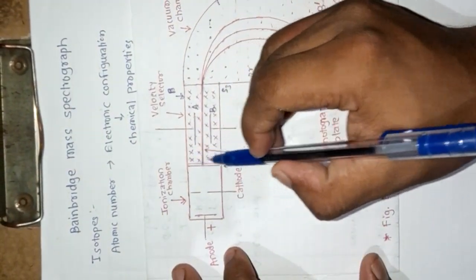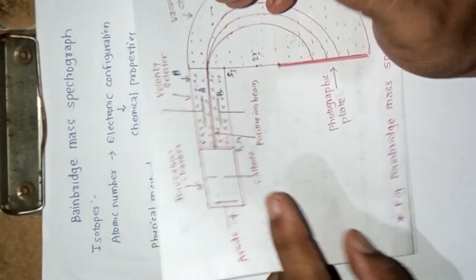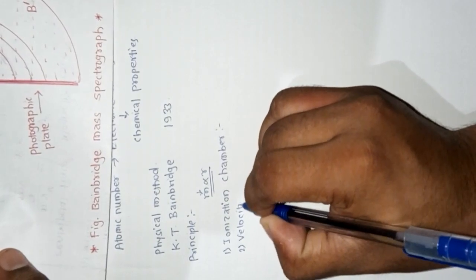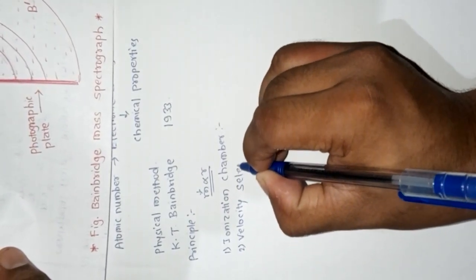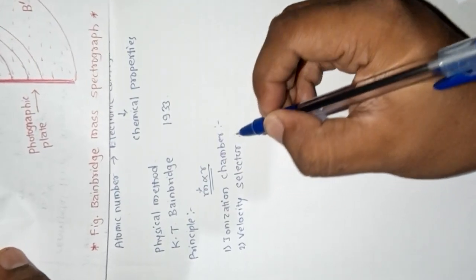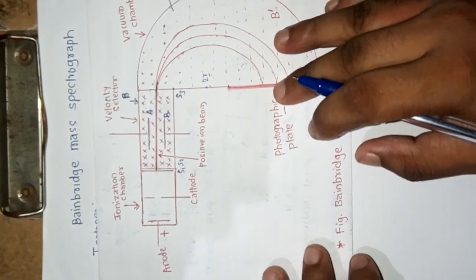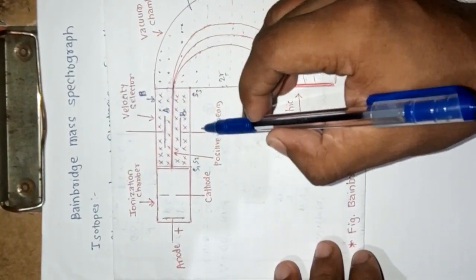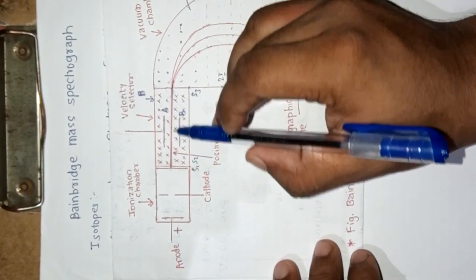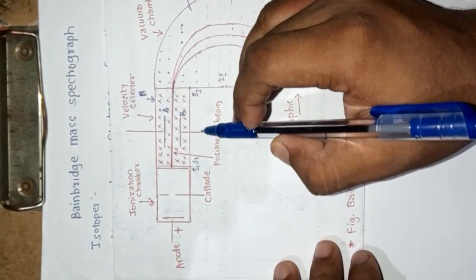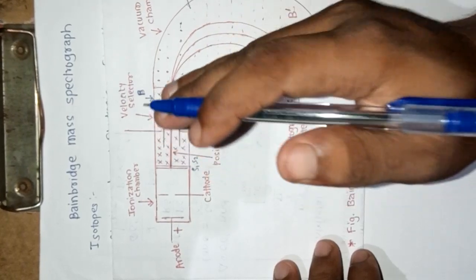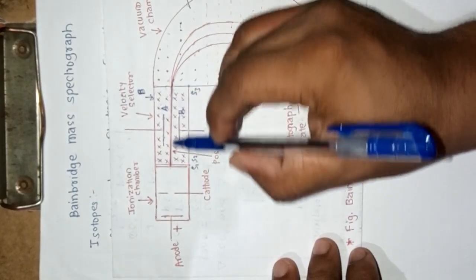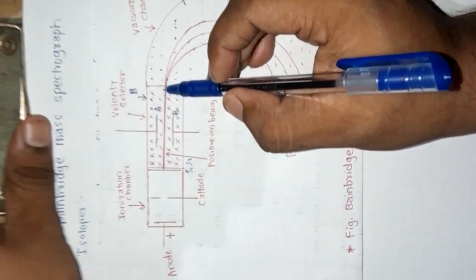Now the second part is the velocity selector. Here an electric field and a magnetic field are applied, and both are mutually perpendicular to each other, and also perpendicular to the direction of the beam.